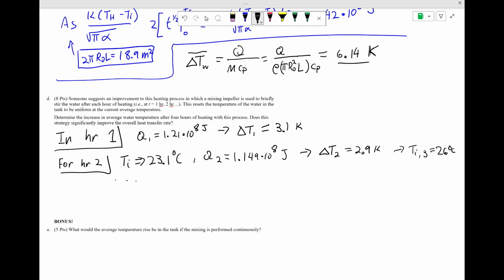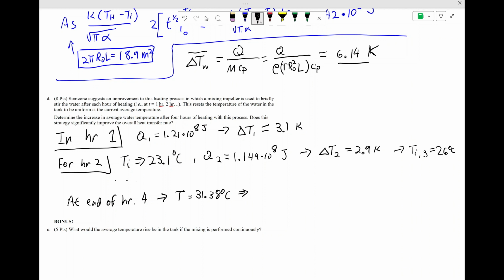And what we're going to find is that at the end of hour 4, we're going to get the final temperature, let's say. The temperature is now going to work out to 31.38 Celsius.